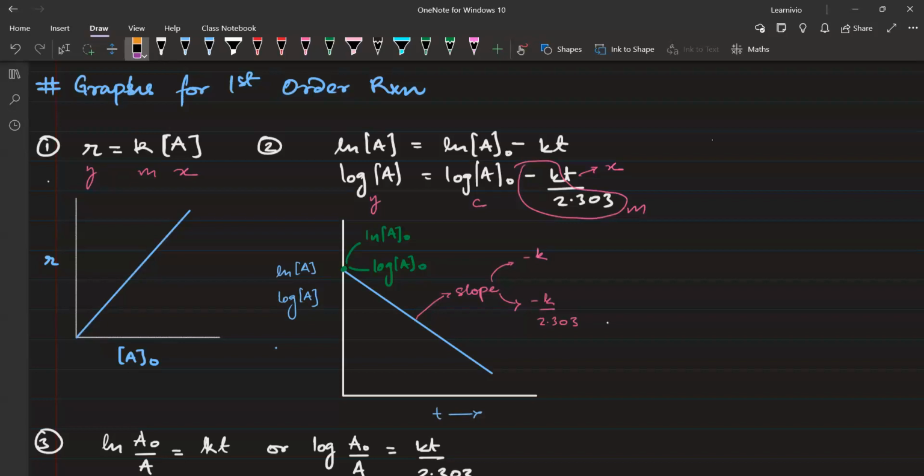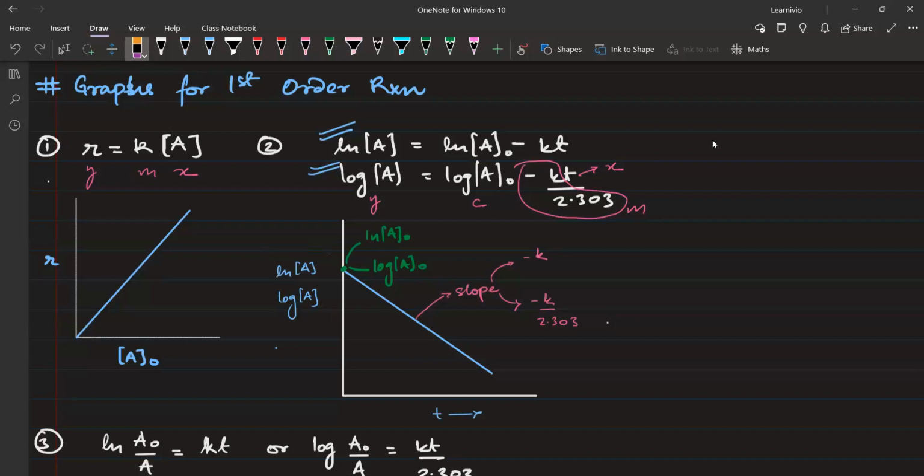Next, we can have two equations which will have a similar graph. ln A is equal to ln A naught minus KT, or log A is equal to log A naught minus KT upon 2.303. Both of these are in the form of y is equal to mx. But difference क्या होगा? If I take the first equation, then on the y-axis I will have ln A, and if I take the second equation, I will have log A on the y-axis. ln or log का फर्क होगा.